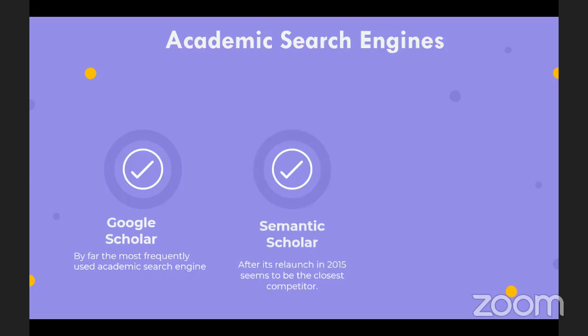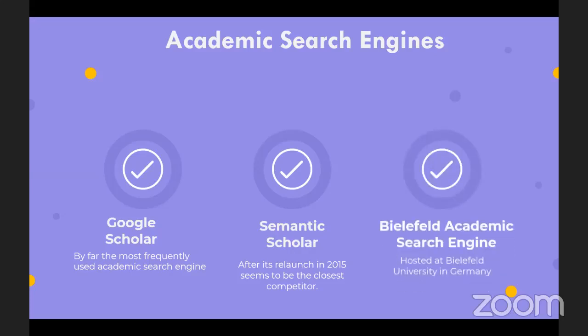It has become much more prominent after its relaunch in 2015. Semantic Scholar seems to be the closest competitor to Google Scholar currently. We also have an academic search engine hosted by Bielefeld University in Germany, which, if you are looking for open access articles and academic content, may also be where you can find it.